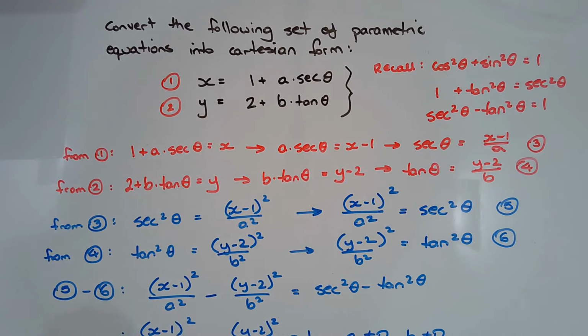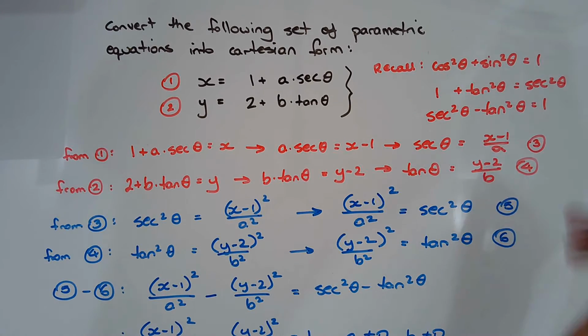Now, in a similar fashion, for equation number 2, we're going to make tan theta the subject of the formula. From 2 plus b tan theta equals y, subtracting 2 from both sides, b tan theta equals y minus 2. Then dividing both sides by b, and of course b cannot equal 0, tan theta equals y minus 2 over b.